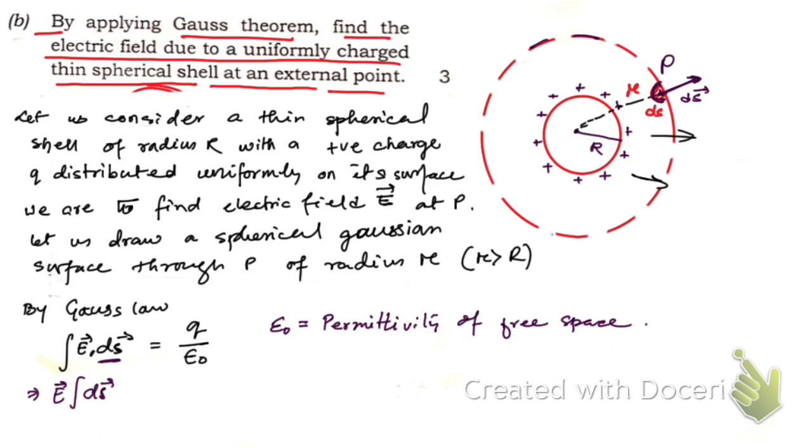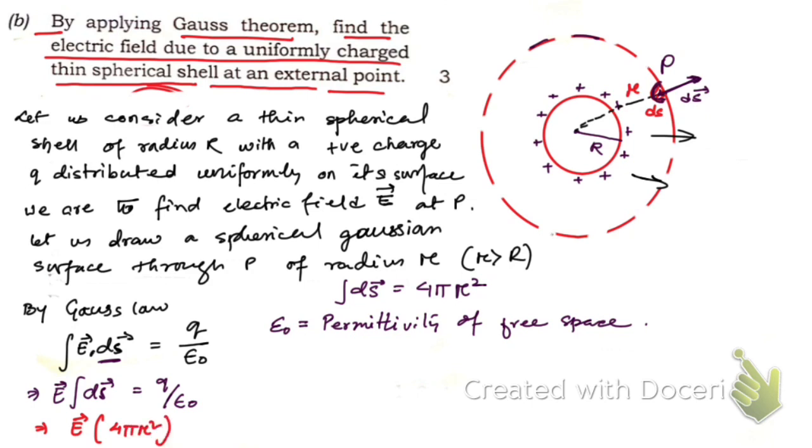So the integral of dS, the area of this sphere, is equal to 4 pi r square, because small r is the radius of the Gaussian surface. Instead of the integral of dS, we write 4 pi r square.